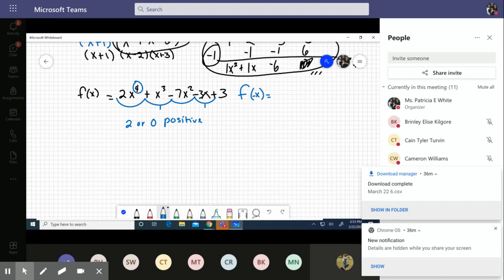Stays the same because that's even, changes because that's odd, stays the same because that's even, changes because that's odd.